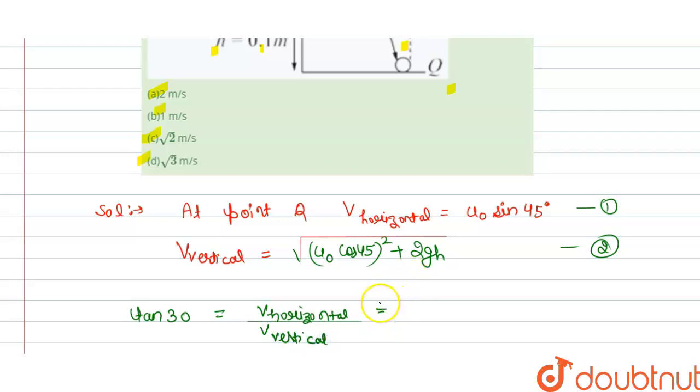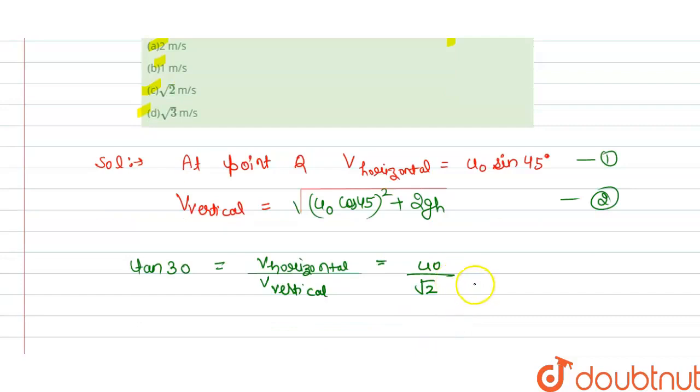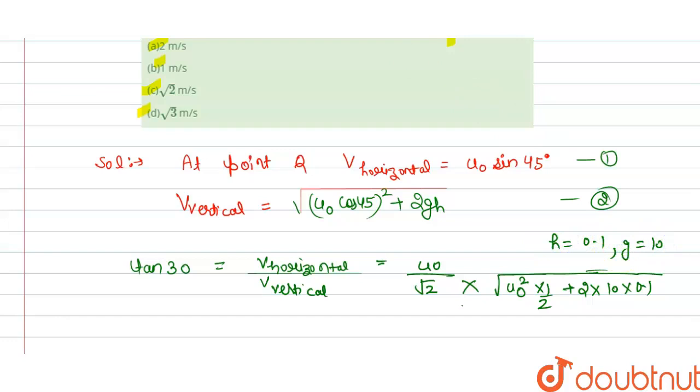So from this we can write, we know that sine 45 is 1 by under root 2, so we can write this as under root 1 by 2 u0, and we have this value u0 cos 45 degrees, so we know that u0 square, and cos 45 is 1 by root 2, and squaring we get 1 by 2, and 2, and g is given to us as 10 and h is given as 0.1 in the question.